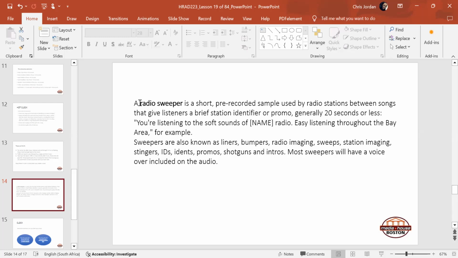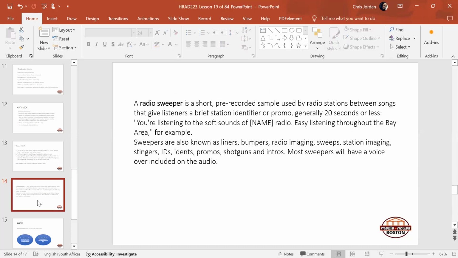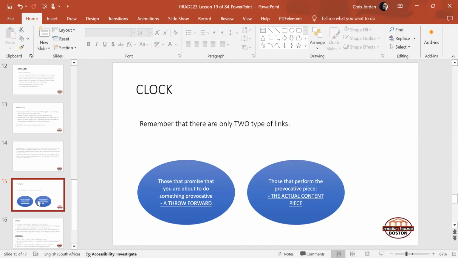So this is the umbrella for all these imaging elements that we include as part of our clock itself. Once again, remember that there are two types of links: the actual content links, which are rich in dimension and rich in purpose.